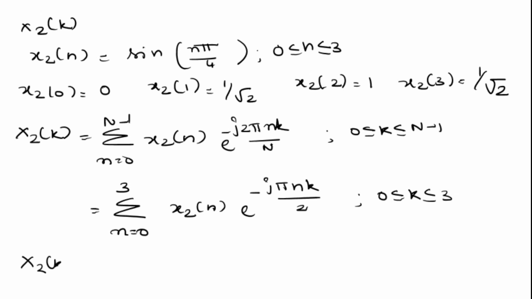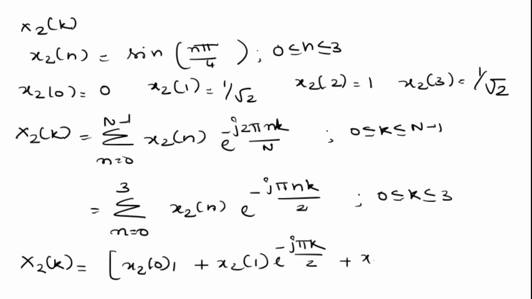Or x2 of k is equal to x2 of 0 into 1 plus x2 of 1 into e power minus j pi k by 2 plus x2 of 2 into e power minus j pi k plus x2 of 3 into e power minus j 3 pi k by 2.